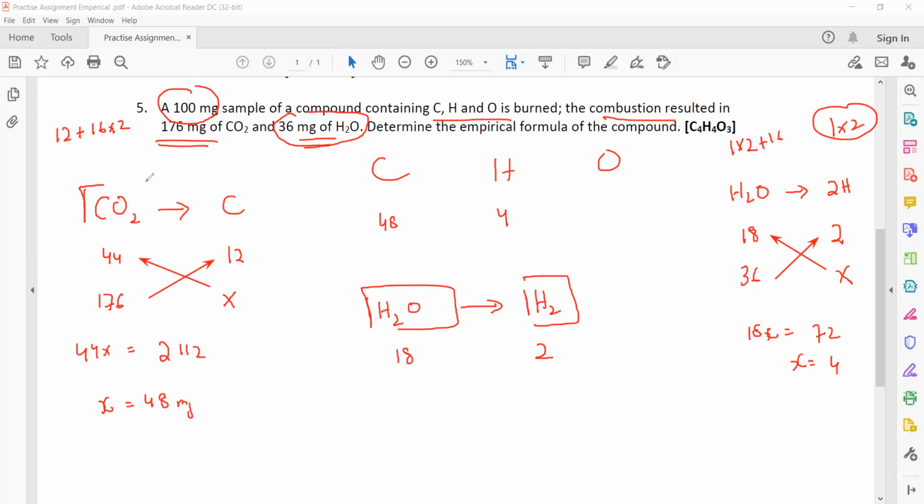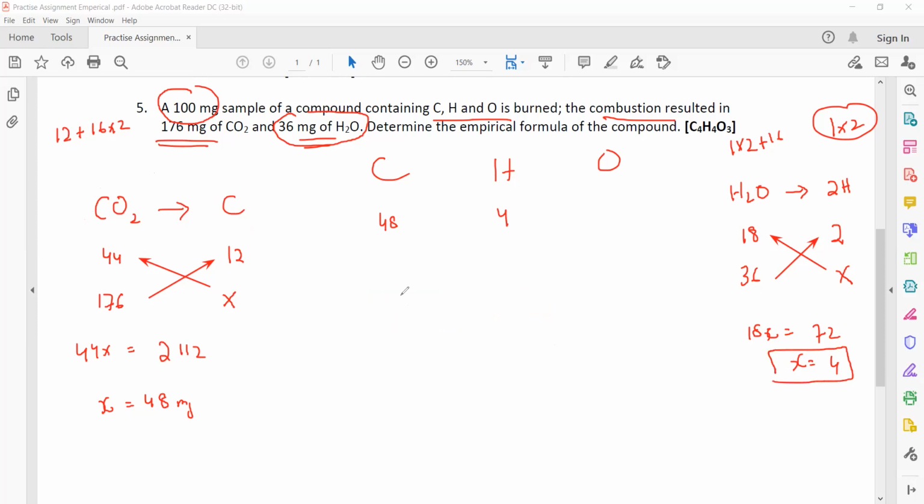But for carbon dioxide, one molecule only contains 1 carbon atom. So 18 to 2 is the ratio. So 36 milligrams will have X. When we cross multiply, what we get? We'll get 4.